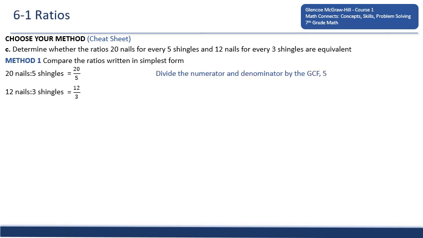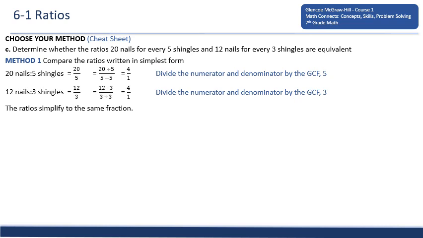And if we divide the numerator and denominator of 20/5 by the greatest common factor of 5, we will get 4/1. And if we divide the numerator and denominator of 12/3 by the greatest common factor of 3, we will get 4/1. The ratios simplify to the same fraction.